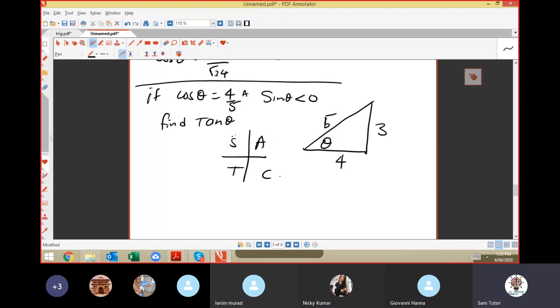You know sine is negative. What else do you know? You know cos is positive. So if cos is positive, that means what's A going to be? Positive, which means tan is going to be negative. Therefore, what's tan theta equal to? Negative of 3/4.